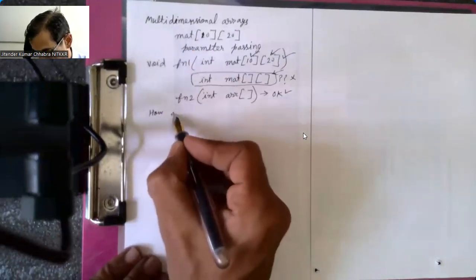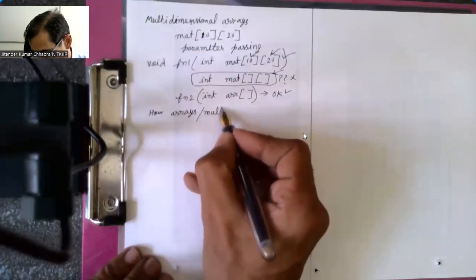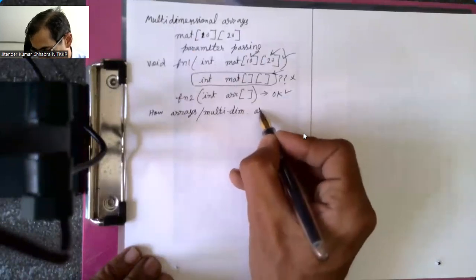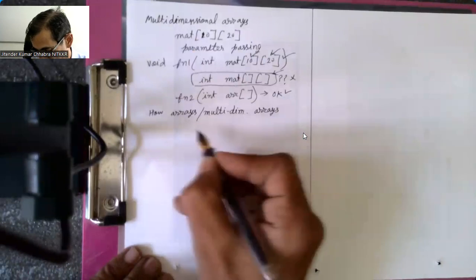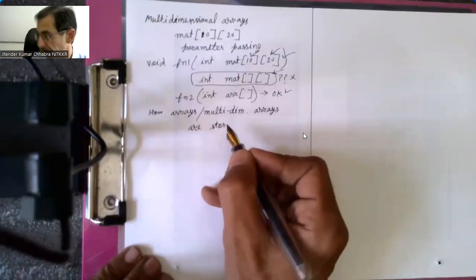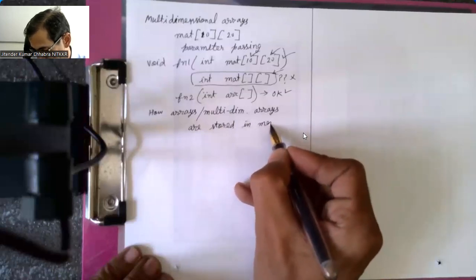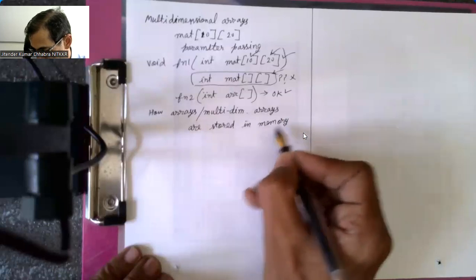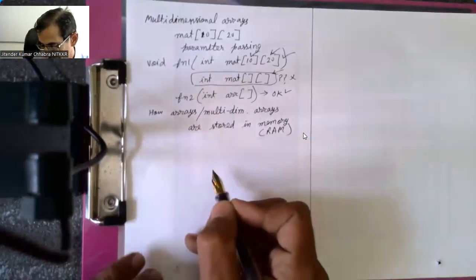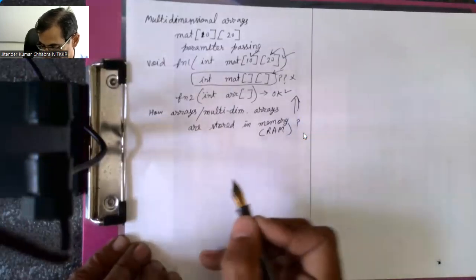arrays, single D or multi-dimensional arrays, are stored internally inside memory. That is an important concept which we would like to now understand. In memory means effectively they are in the RAM, because we always store all these in primary memory, and that has a lot of connection with the above concepts also.